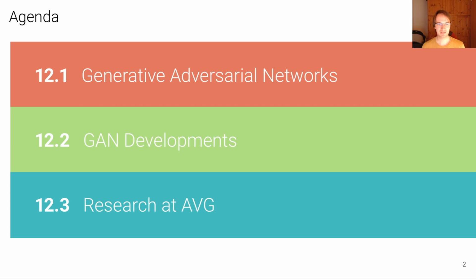And then finally, I'm going to give you a brief overview of the research that we're doing in our lab that involves generative and non-generative modeling, but a lot of deep learning in the context of computer vision. The last unit is of course not relevant for the exam.